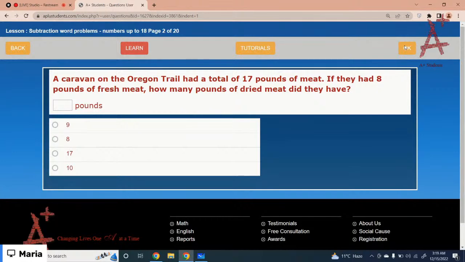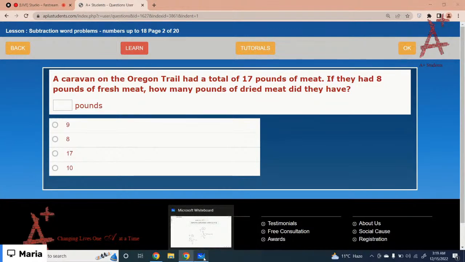A caravan on the Oregon Trail had a total of 17 pounds of meat. If they had 8 pounds of fresh meat, how many pounds of dried meat did they have? You have to do 17 subtract 8. Got it?